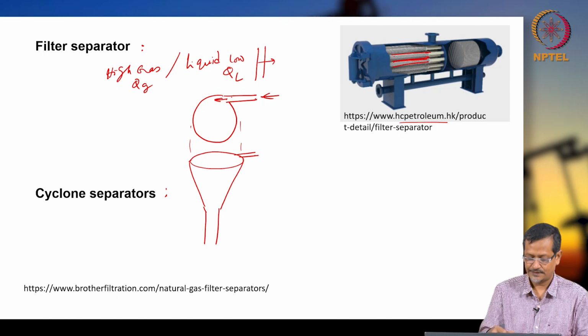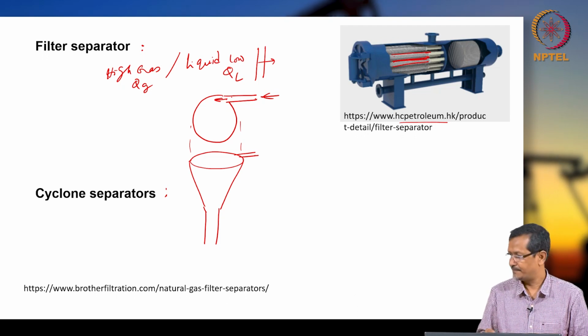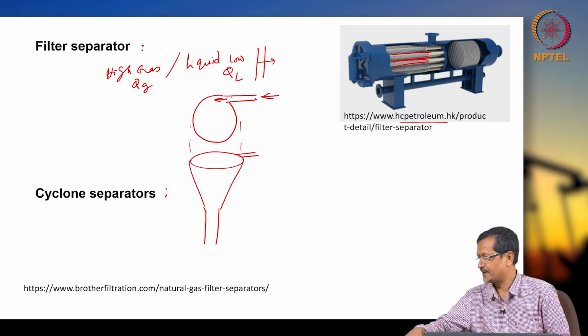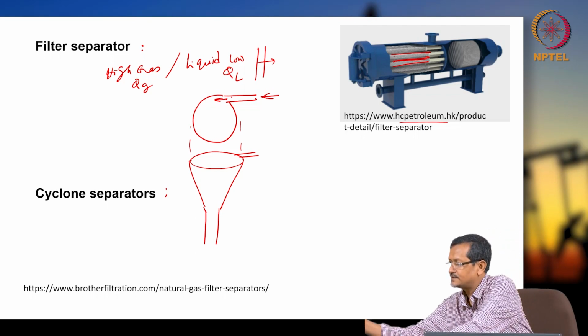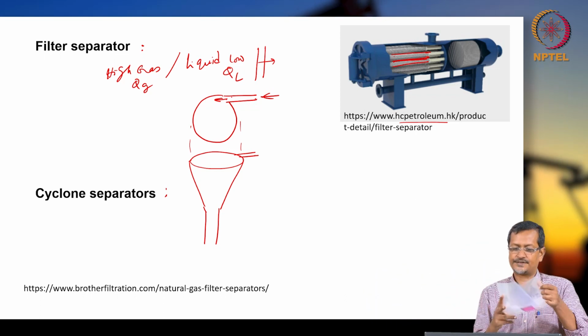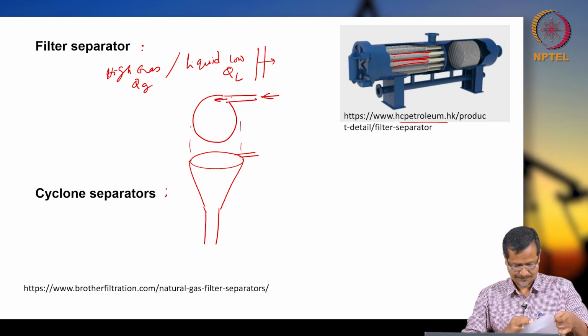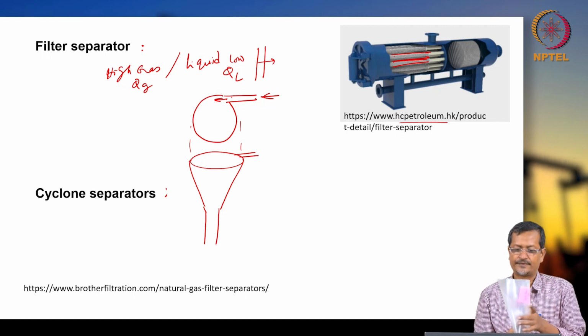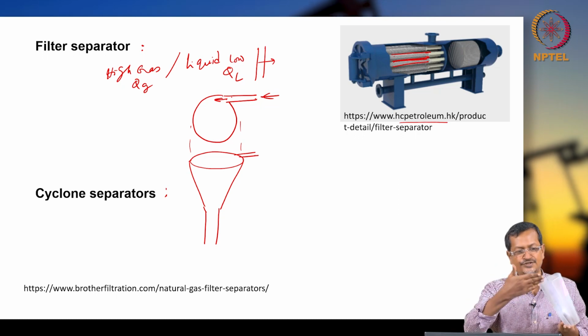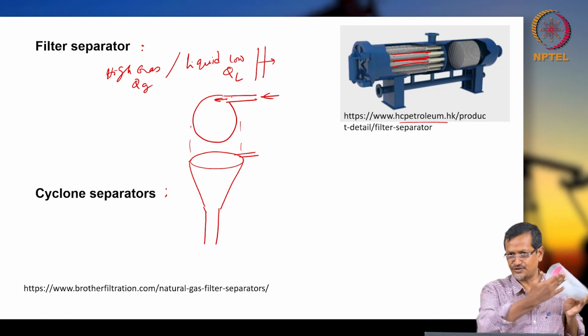Okay, I'll try to make one separator system with this. I'd say this is a cone type system. I hope it will be visible in the camera. Okay, and there fluid will be entering tangentially.